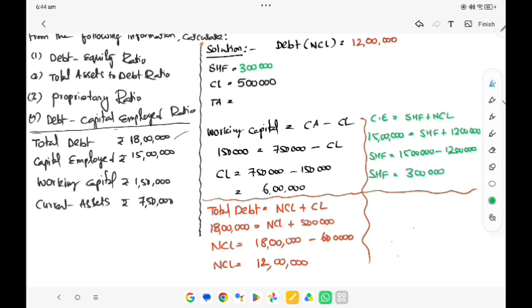Now we want to calculate total assets. Children, total liability is equal to shareholder fund plus non-current liability plus current liability. Total liability is equal to total assets. That's why we find total liabilities, which is equal to total assets. We have shareholder fund, how much? 3 lakhs.